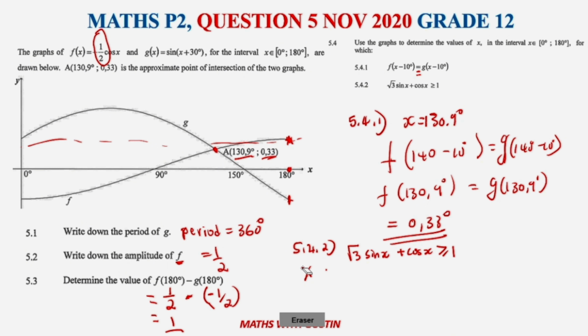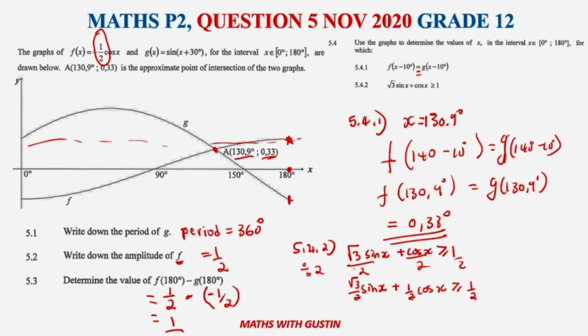Why are we doing this, guys? Because we are looking for those special angles. So here we are going to have square root of 3 over 2 sine x plus half cos x greater or equal to 1 over 2.